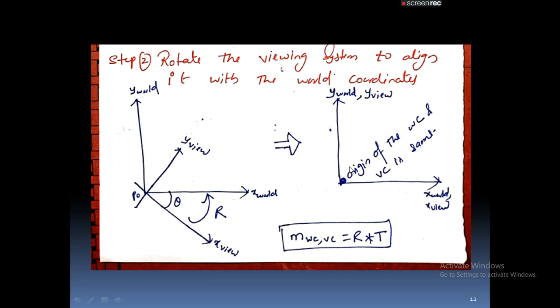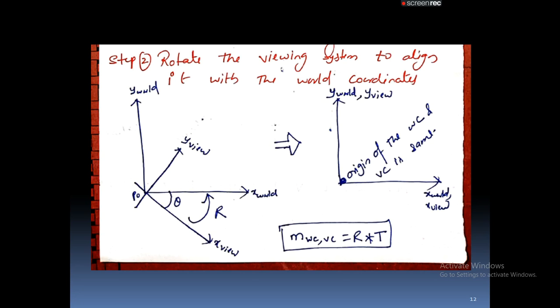Once you map world coordinate to viewing coordinate, or after performing rotation, this is a Cartesian reference frame, but the Cartesian reference frame of the viewing coordinate is the same as the Cartesian reference frame of the world coordinates.